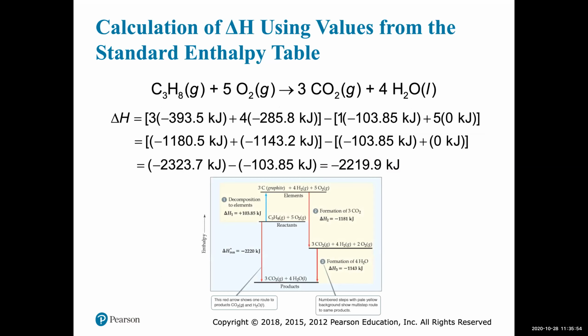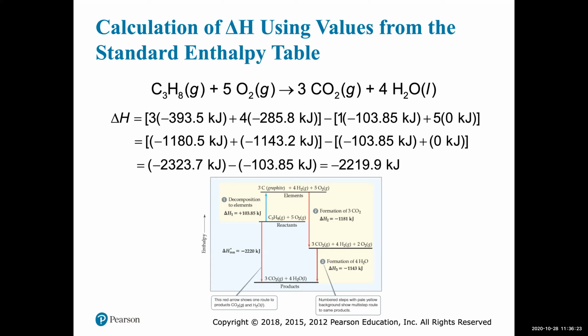And here we are doing that. We said it's products minus reactants. So we used the heat of formation of CO2, 3 times that value, 4 times the value for water, and then minus 1 times the propane value, plus 5 times, in this case, 0, because the O2 value is 0.